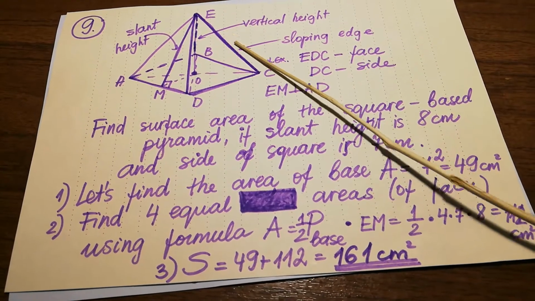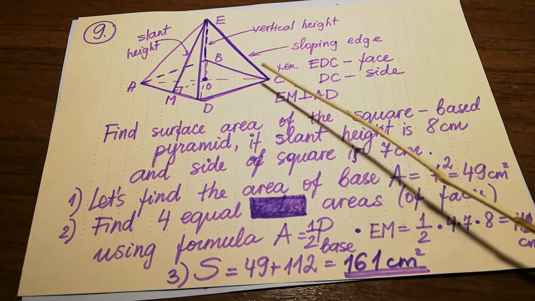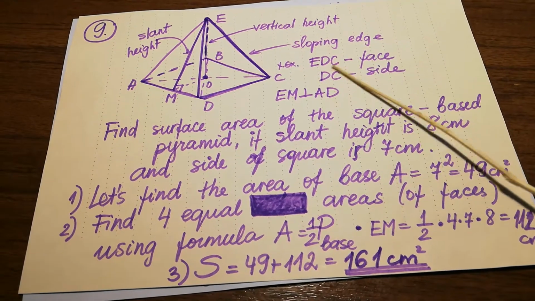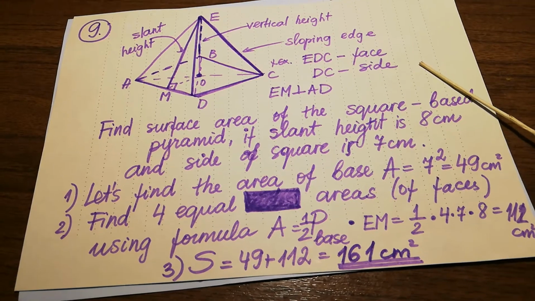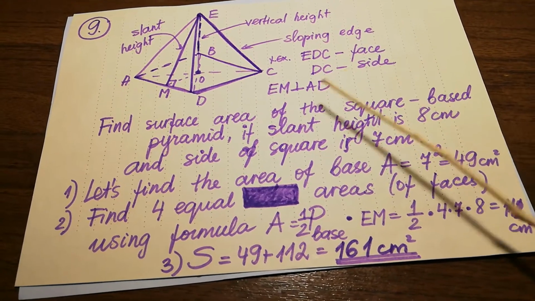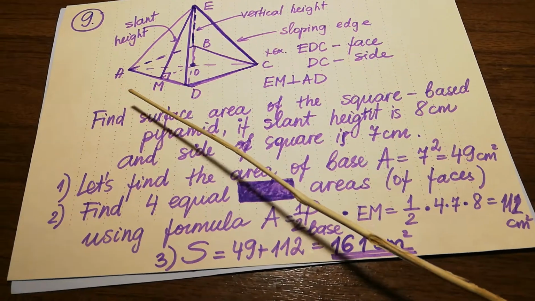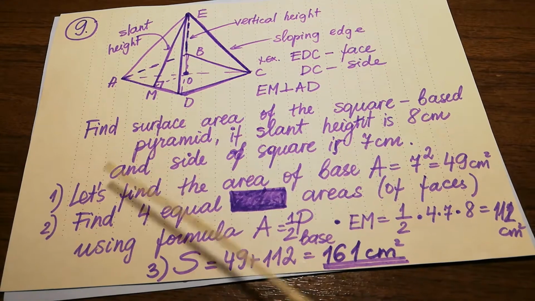This is the sloping edge and this is the base edge. And for example, ADC is a face once more, and DC is a side or edge. AM, as we mentioned before, is perpendicular to the edge AD.